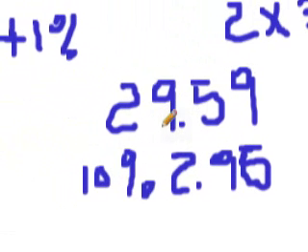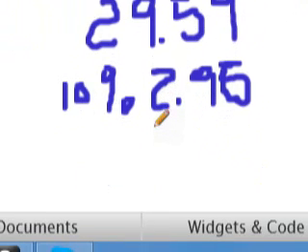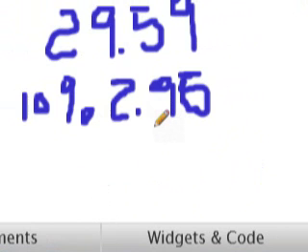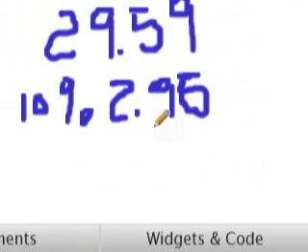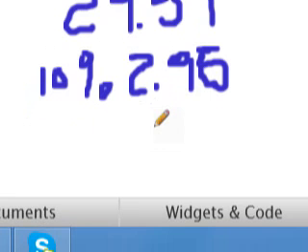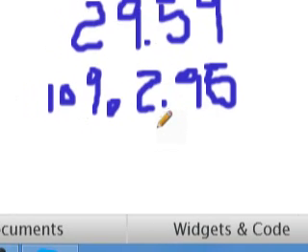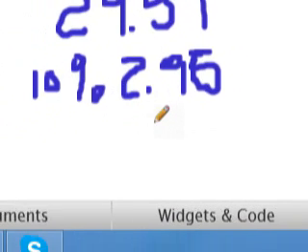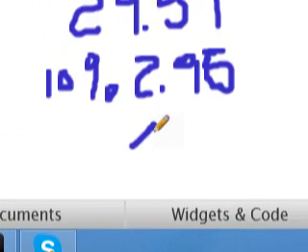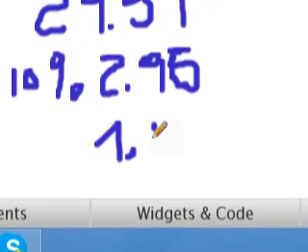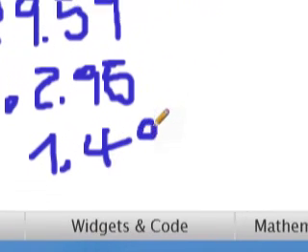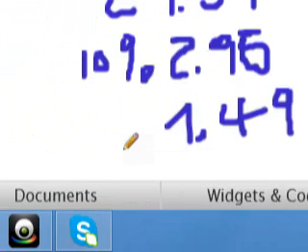This gives me about 2.96. That's the 10%. I need half of this value. 2.9 can be 3 also, so half of this is approximately 1.5. Mainly this is 1.49. This is an approximation. That's half of this, that's the 5%.